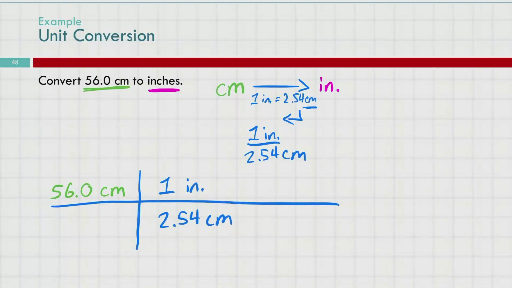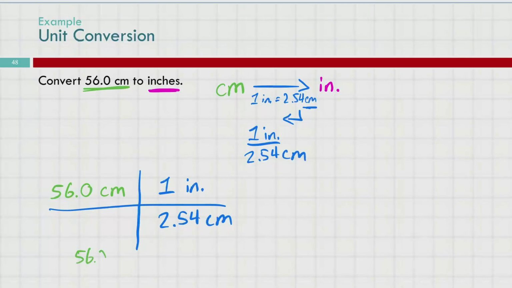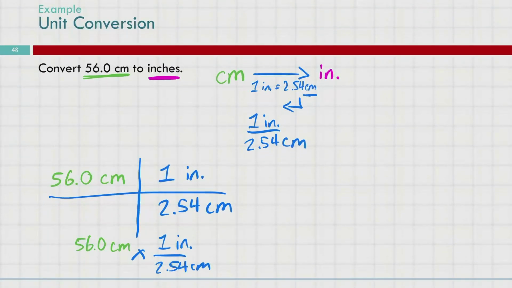And I made this line too long, so we'll shorten it. This is the same as writing 56.0 centimeters and our conversion factor after it. These are the same. I usually write the top one, partly because if you tend to do a little bit of accidental up and down with your writing and you don't keep everything nice and straight, having that line between your numerator and denominator can be helpful.